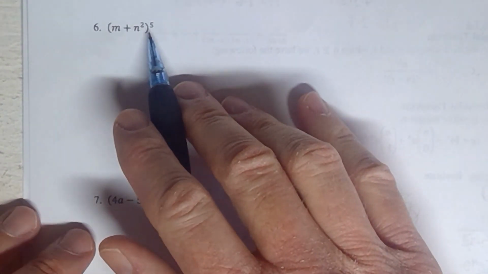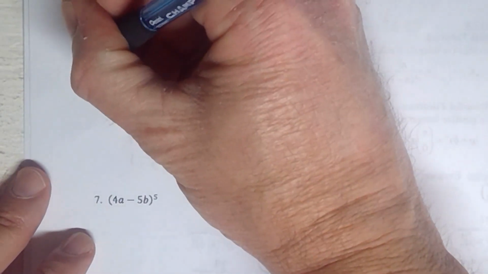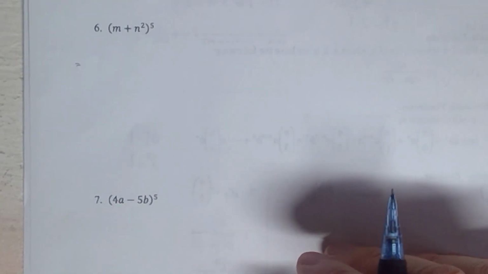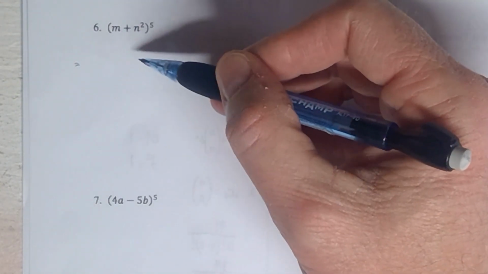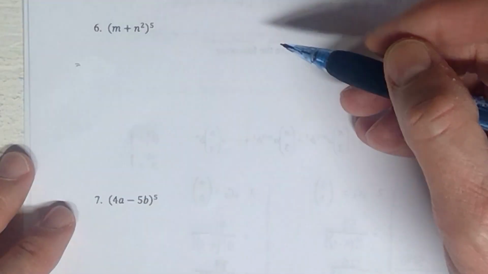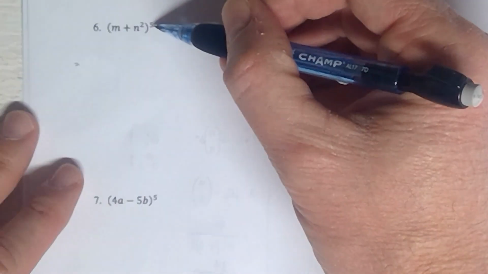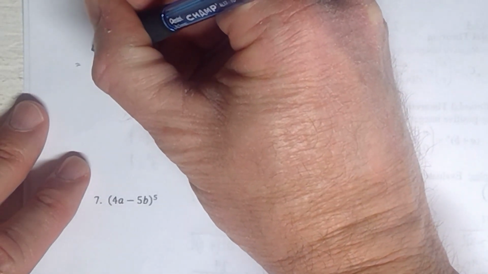This time the exponent is 5 on the outside. And so what that means is when the exponent is 5, instead of having 4 choose 0 as the first skinny bracket, and then 4 choose 1, and then 4 choose 2, and so on like we did in the last problem when the exponent was 4 on the outside, because it's now 5, we're going to go like this.